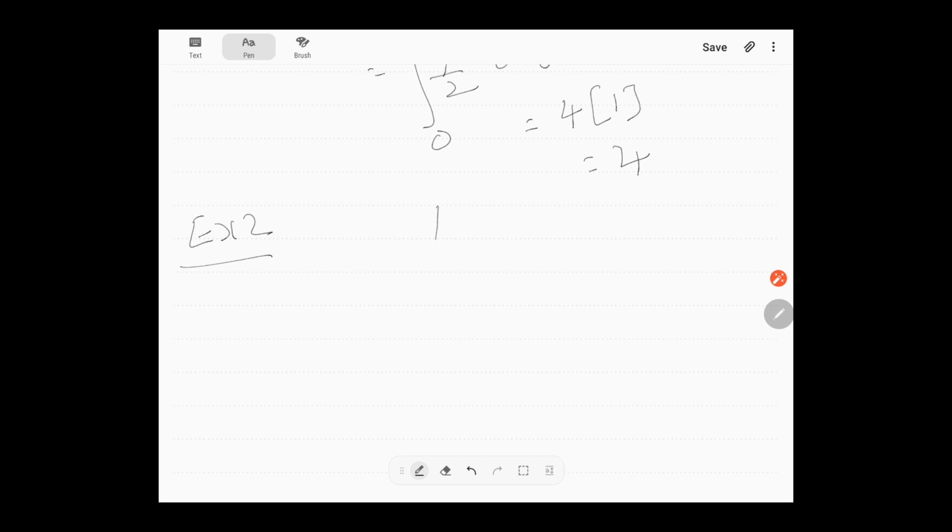Now this is 1, this is minus 1. You have one parabola like this, and you have another parabola.